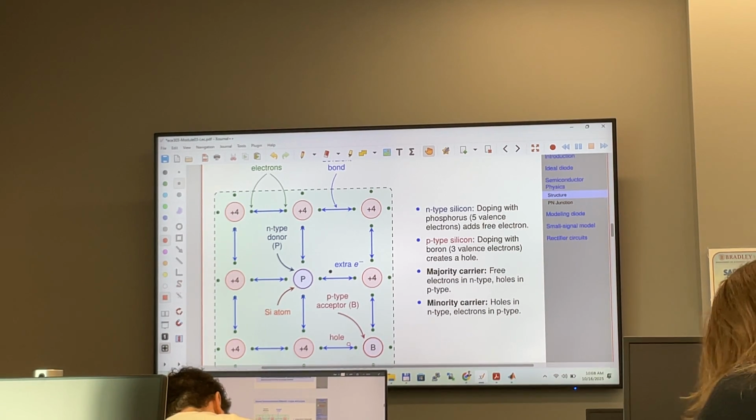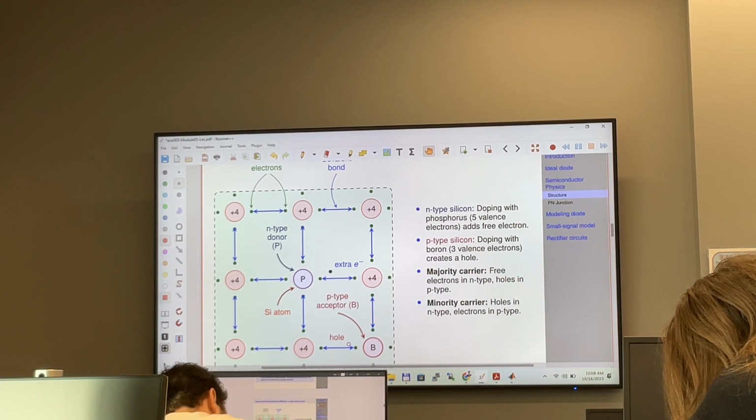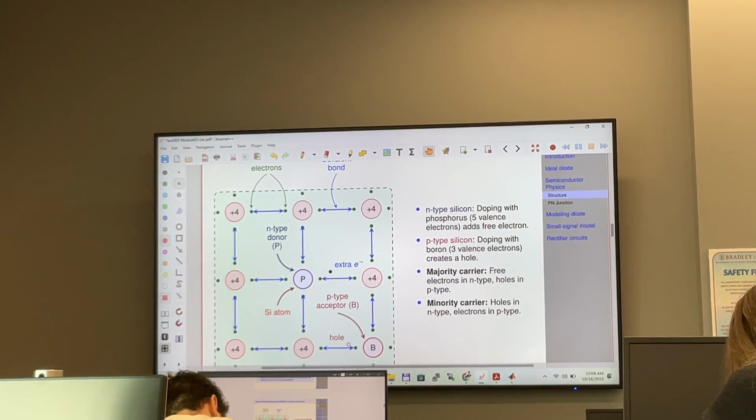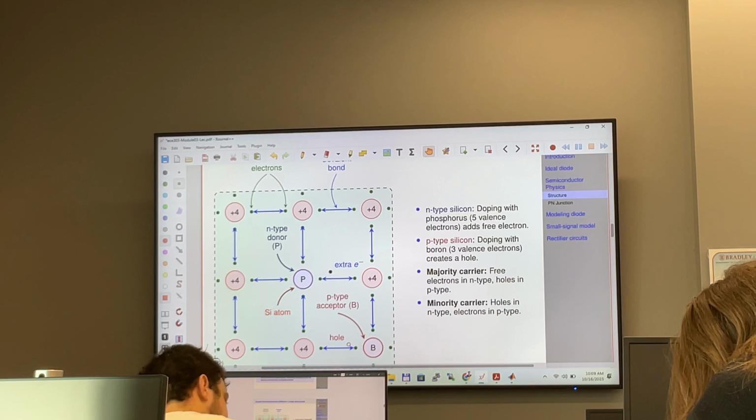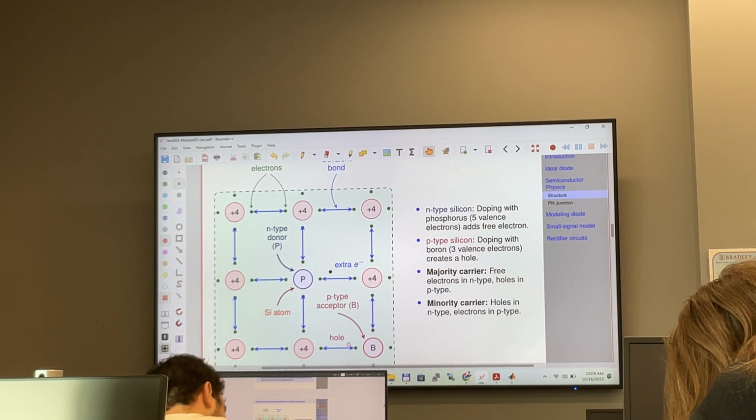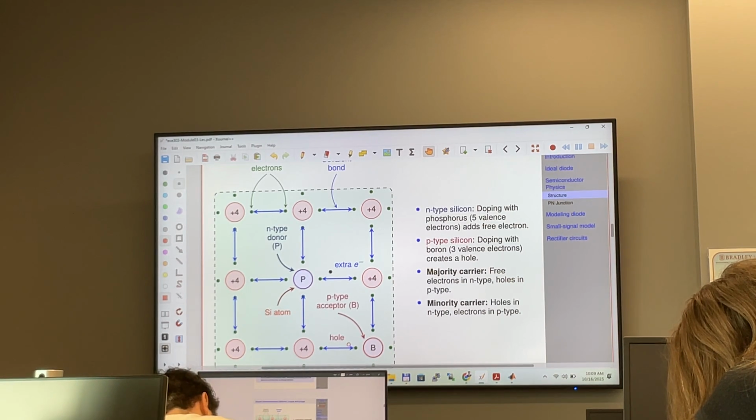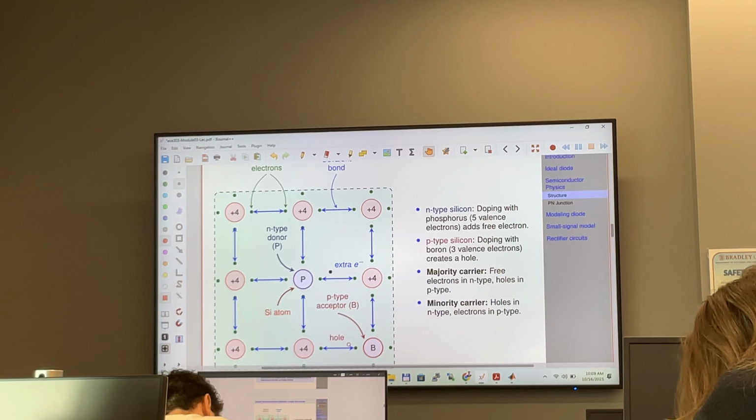So that's the impurity. We add phosphorus to create a free electron. If you don't add doping, all the electrons are held by other atoms, so there will be no charge carrier, no electricity. But once you add phosphorus, you are adding extra electrons.